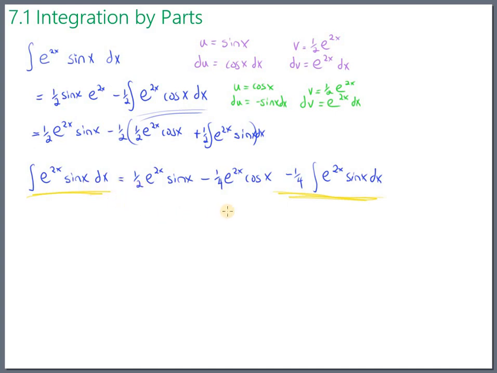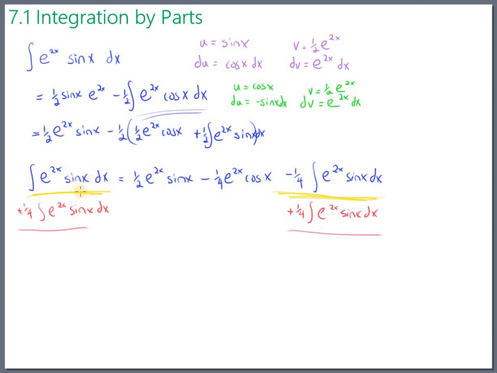I can finish solving it algebraically. I'm actually going to treat this like a term, which it is. I'm just going to add 1/4 of e to the 2x sine x dx to both sides of this equation. And this is going to allow us to actually finish this problem.